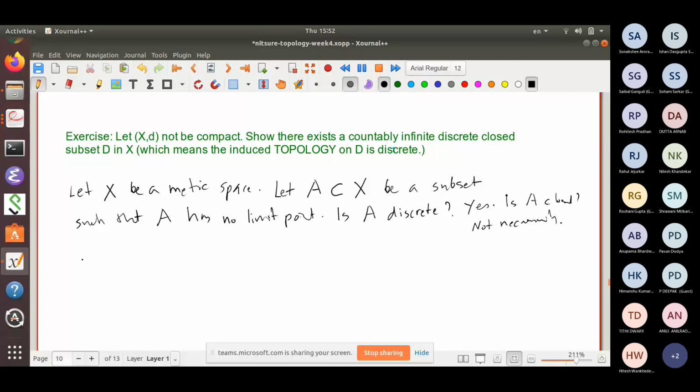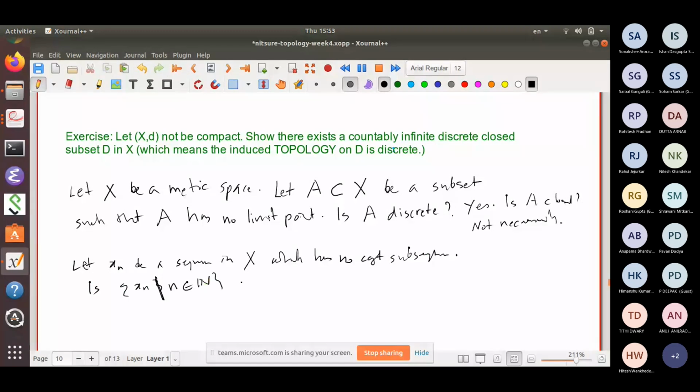The other approach is, let x_n be a sequence in X which has no convergent subsequence. Is the set of points x_n closed?